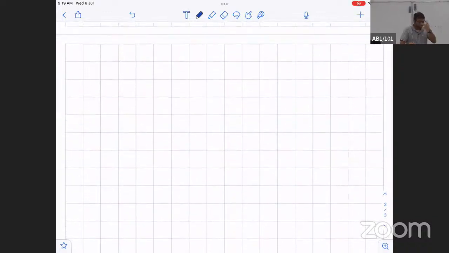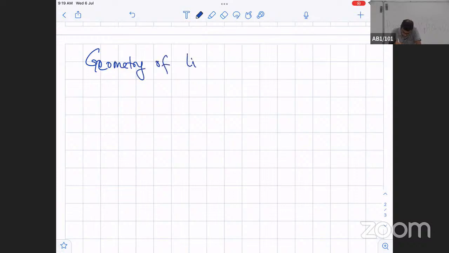So first, about lines. We have to understand what is a hyperplane, right? That's the first thing. In 2 dimensions, what is a line? You have learned analytical geometry in your +2, right?